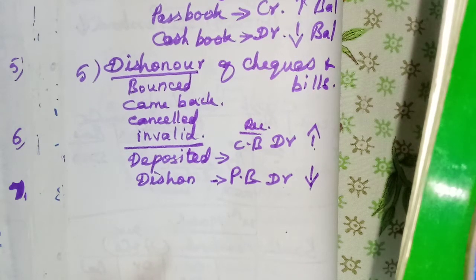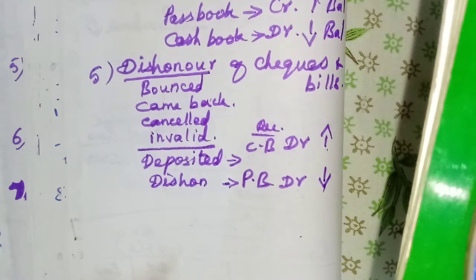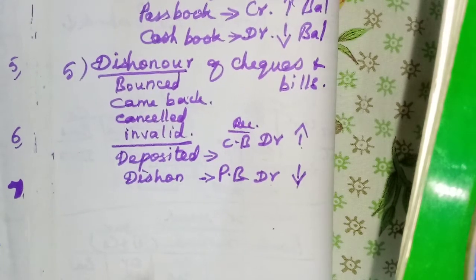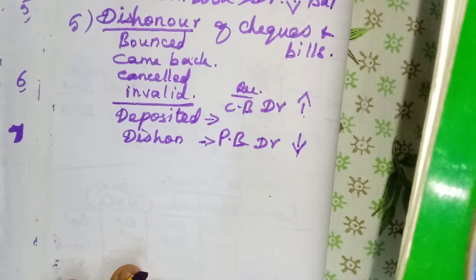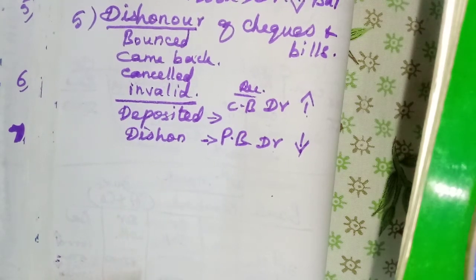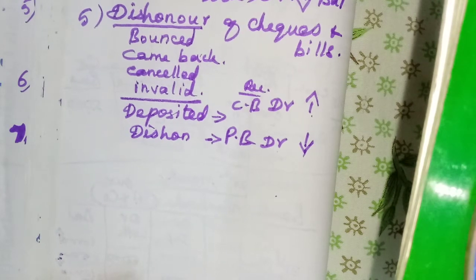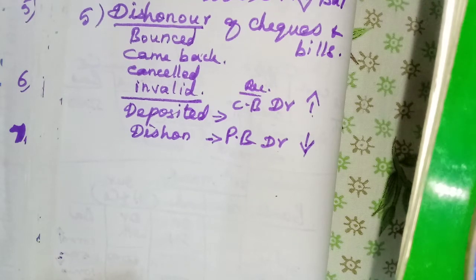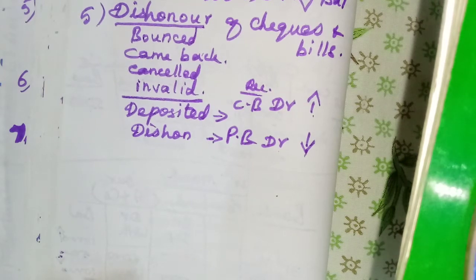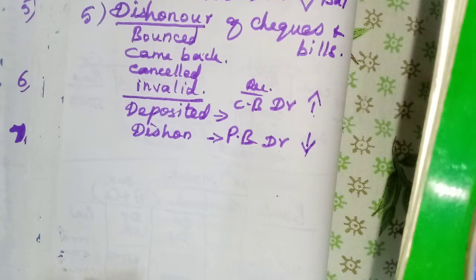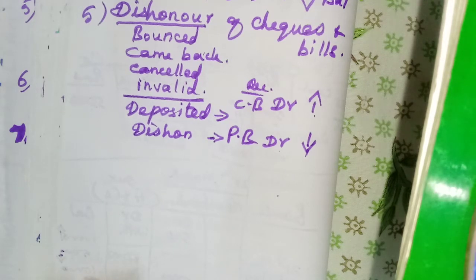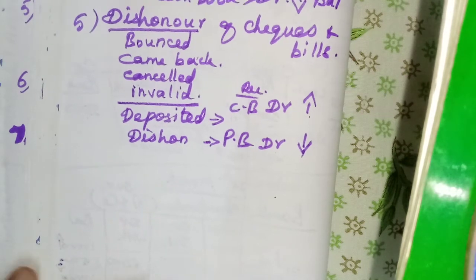Or that bill also, the bill of exchange will be discounted in the bank, so the bank will immediately credit our account, but they will send the bill for collection. If the bill is honored, no problem, they have already credited. But if the bill is dishonored, again they will debit that amount to our account.